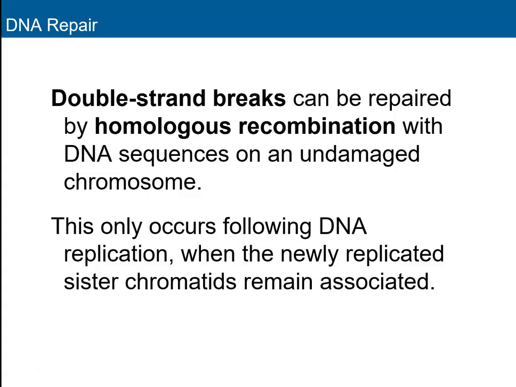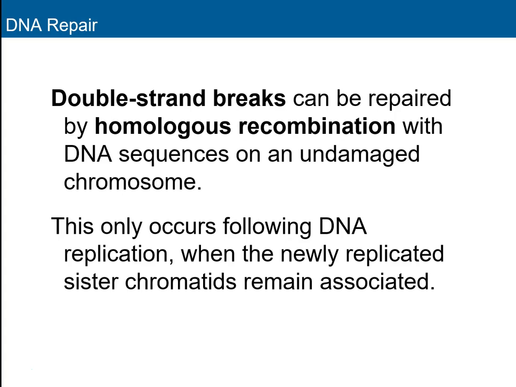The second repair mechanism for double-stranded breaks is homologous recombination. It can use the information on the other undamaged chromosome. Remember, we have two pairs of chromosomes. So it doesn't have the template strand on that same piece of DNA, but it can use the information on the homologous chromosome.